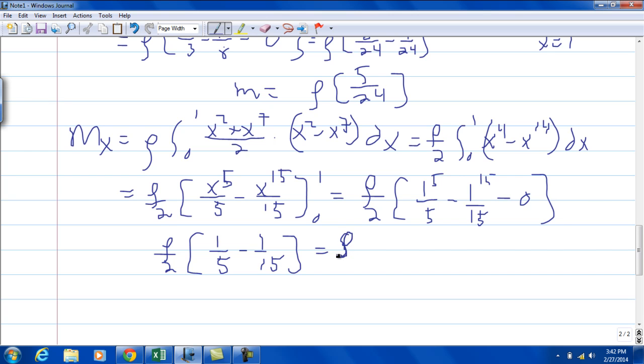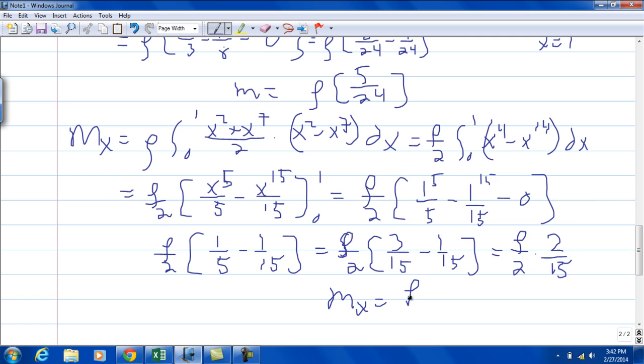That'd be rho over 2 times, that's 3/15 minus 1/15, is going to be rho over 2 times 2/15. Now it just reduces to become rho over 15.